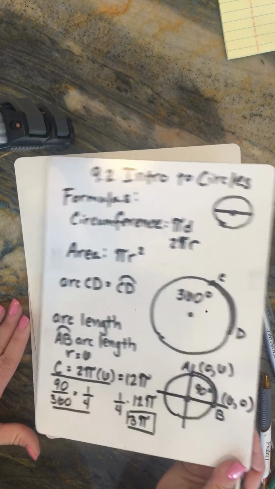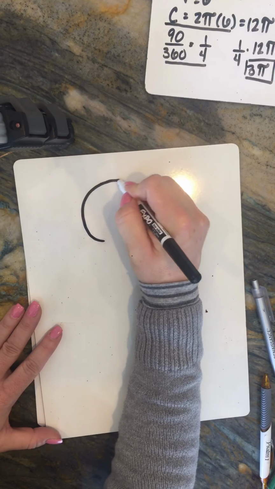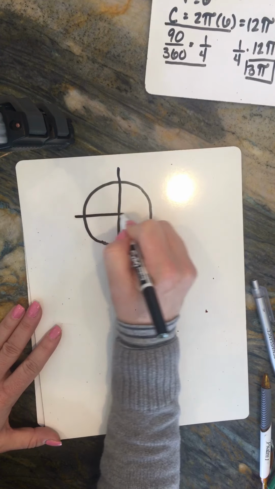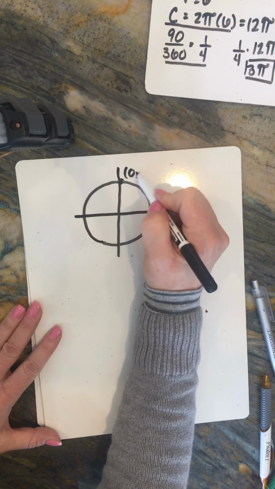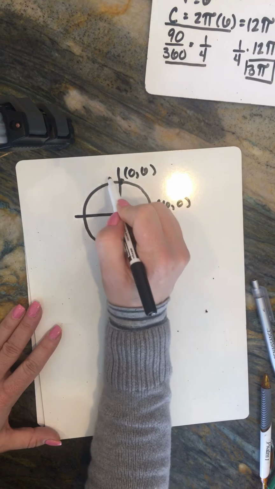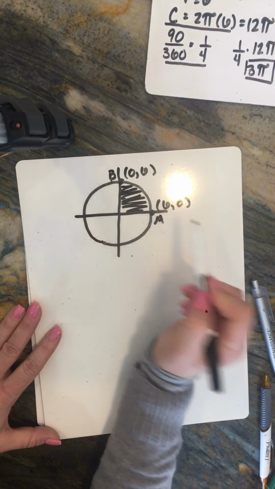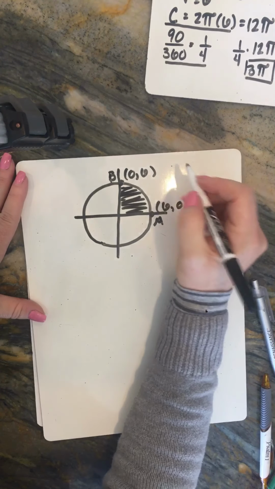You can also find the area of a piece of the circle pie. So let's look at this again. We'll talk about the same one from A to B, 0, 6, 6, 0, A to B. Now I want this portion of the pie. Well, there's a fancy name for the portion of the pie. It's called the sector.